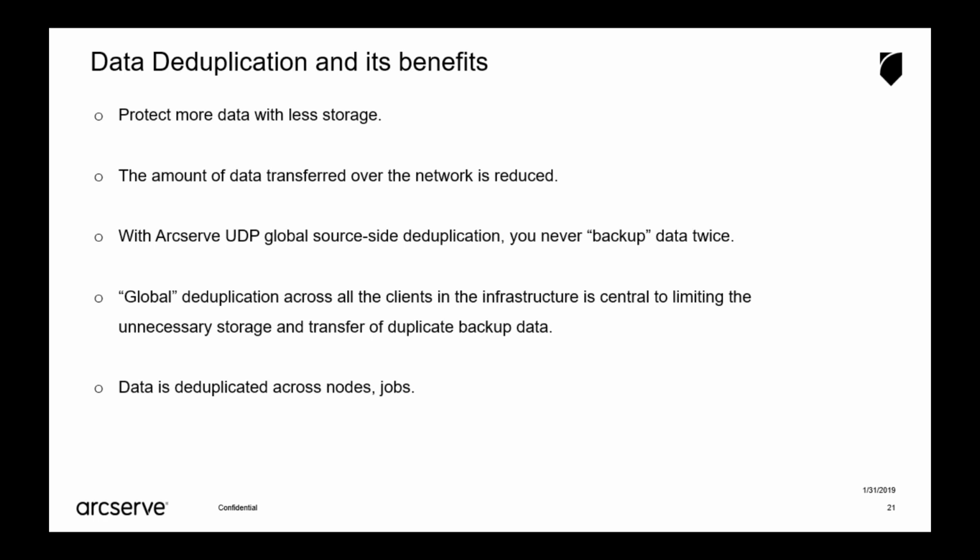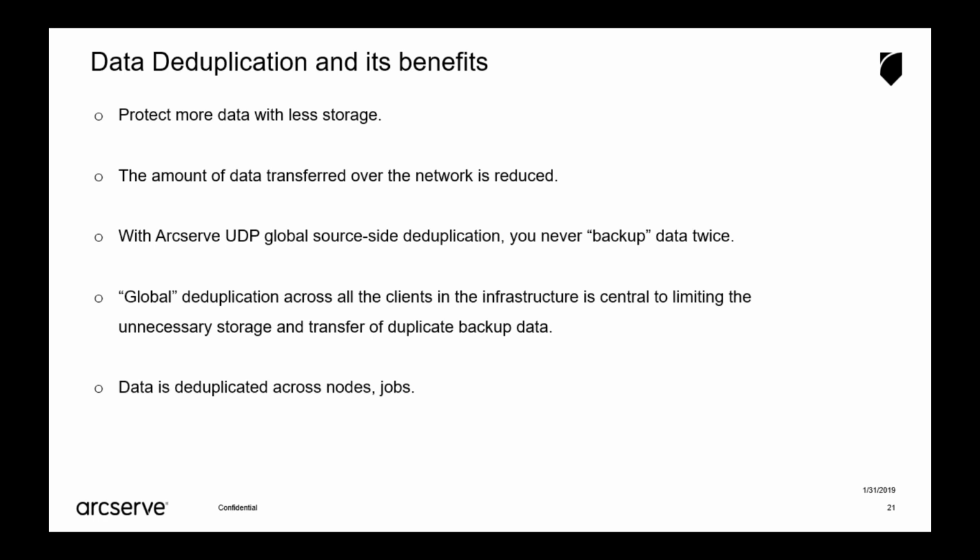With UDP global source side deduplication, we are avoiding duplicating the backups. Global deduplication across all the clients in the infrastructure is central to limiting unnecessary storage and transfer of duplicate backup data.